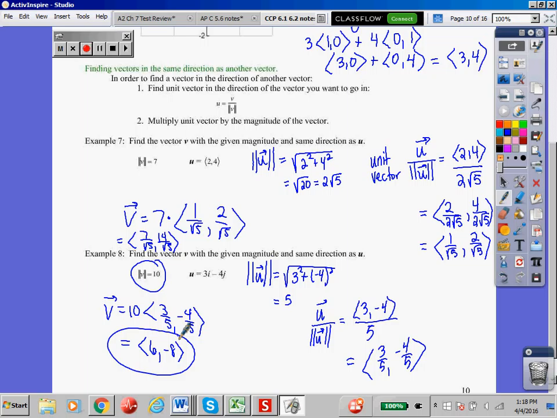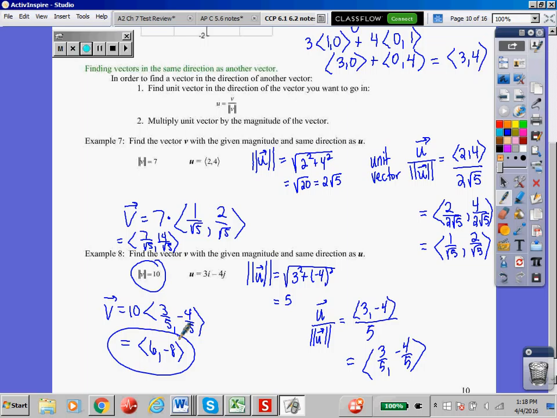All right, last page that we're going to do today, direction angles. Theta is called the direction angle and is measured counterclockwise, that's the normal way, from the positive x-axis to v. And what's nice is we learned this before, okay? This is similar to the polar information.